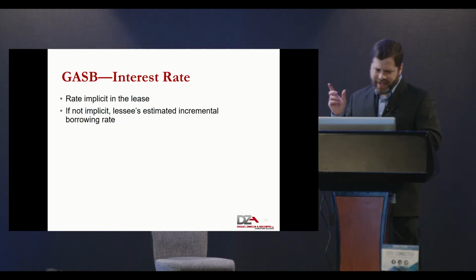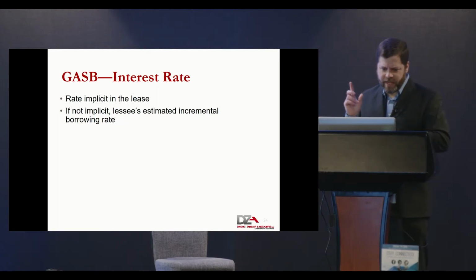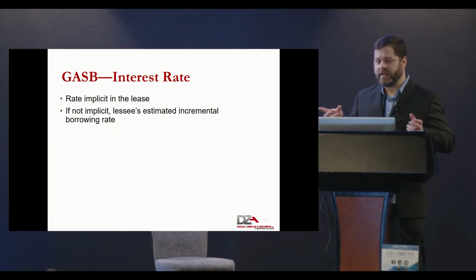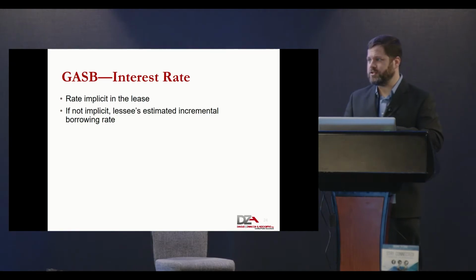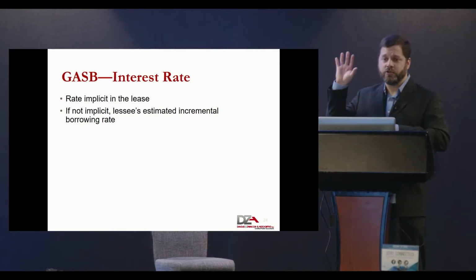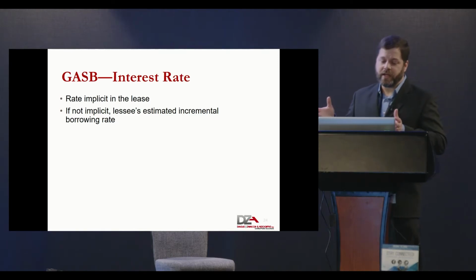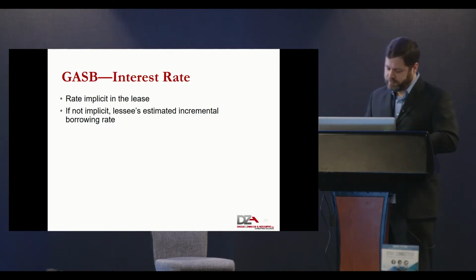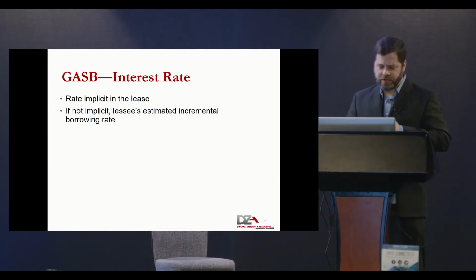I don't think GASB has this option, but under FASB it does. They did come out later and say you also have a practical expedient to use the interest-free rate. So you could just go online and look at the treasury rates for a similar term as the lease that you're looking at and use that rate. Again, that's just for FASB, I believe.